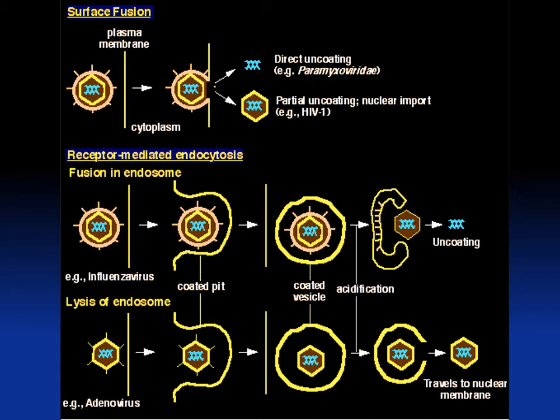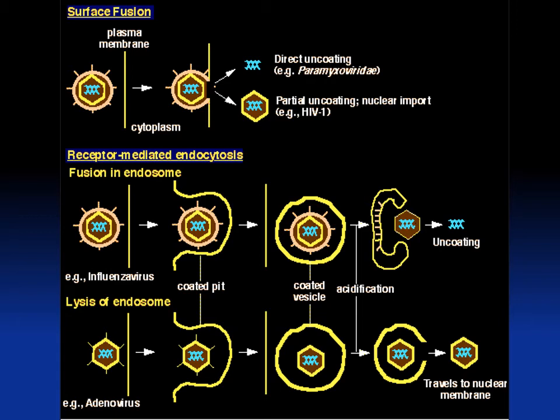Once they fuse, this helps release the capsid into the host, and then after a process there is what we call direct uncoating, which leads to the nucleic acid being released from the capsid.